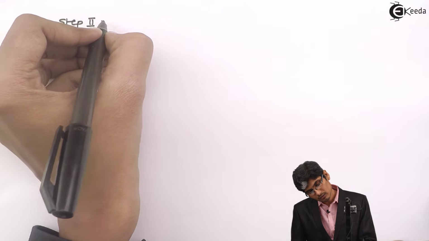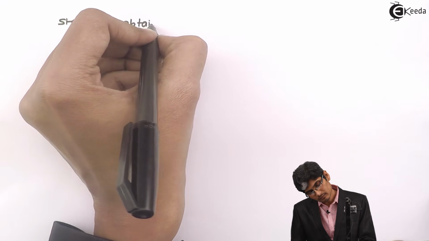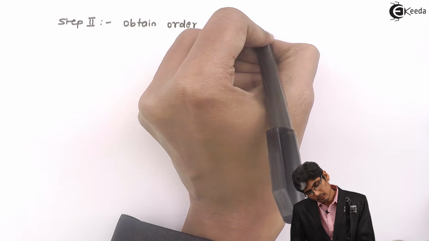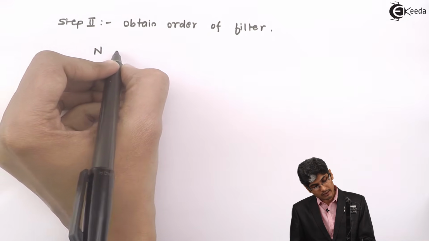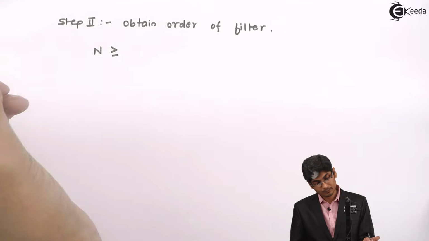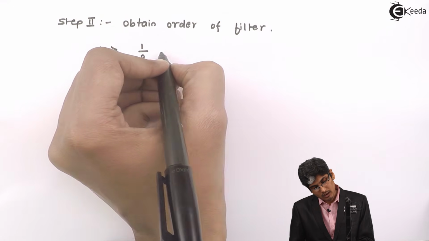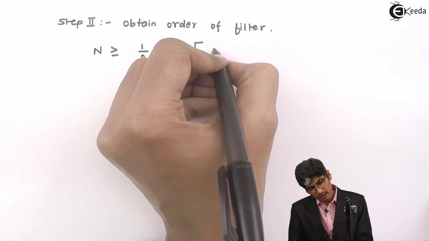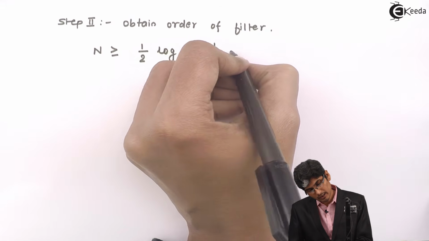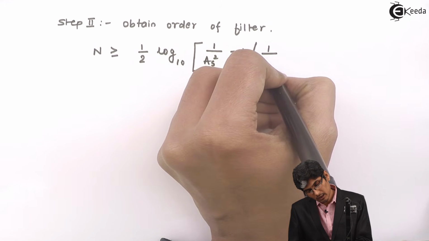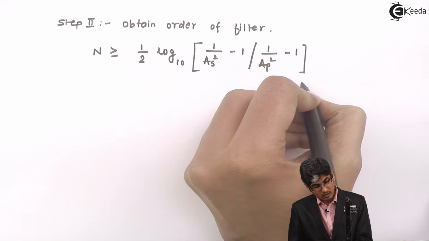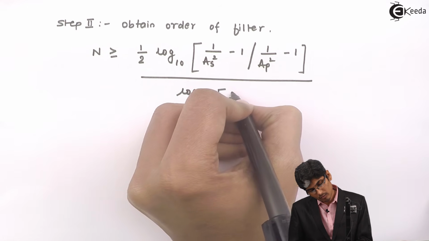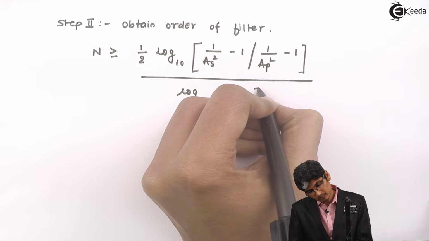So step 2, obtain the order of the filter. We get the order of filter n, which is greater than or equal to 1 by 2 log to the base 10 of 1 upon As square minus 1 divided by 1 upon Ap square minus 1, the whole divided by log to the base 10 omega s by omega p.